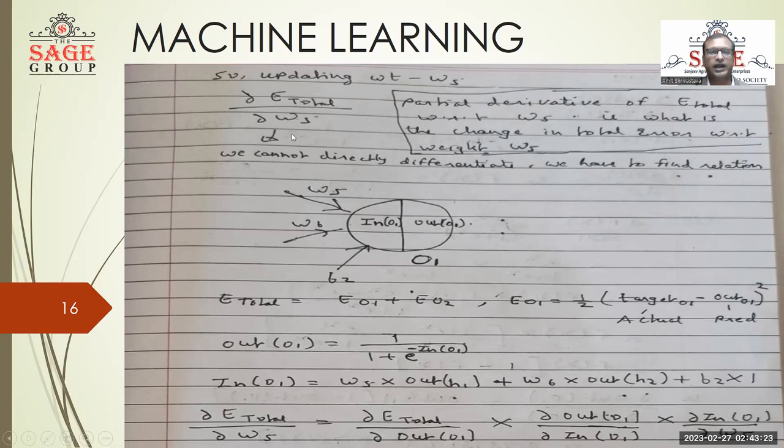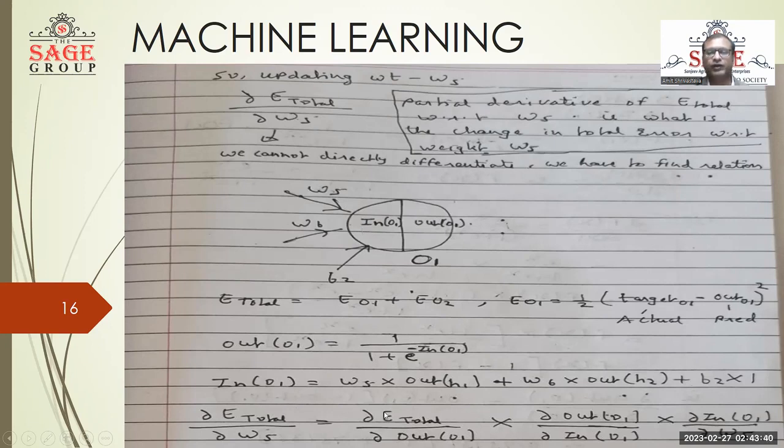Now, del E total upon del W5, we can rearrange this using the chain rule so that we can establish some relation, because we cannot directly differentiate this total error with this W5 because it is not directly related.